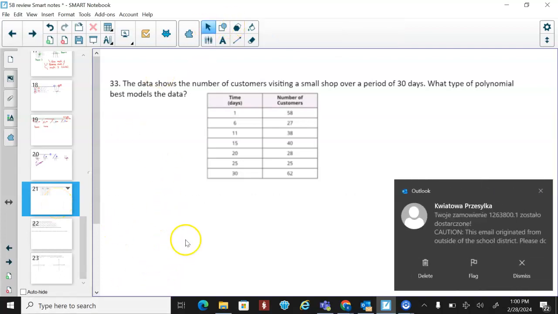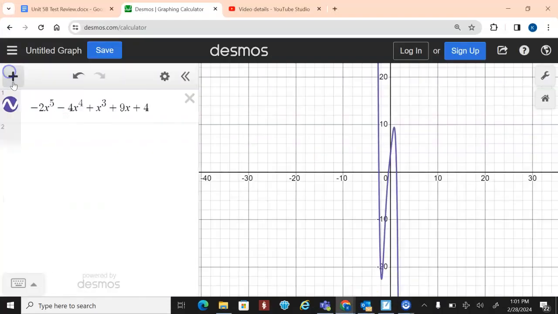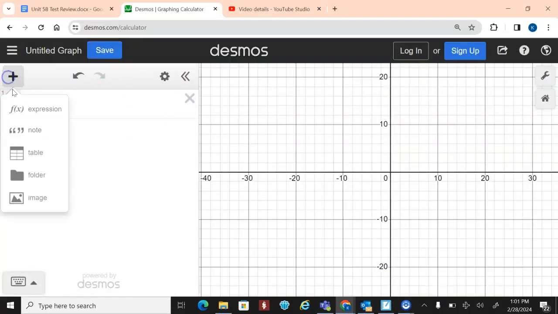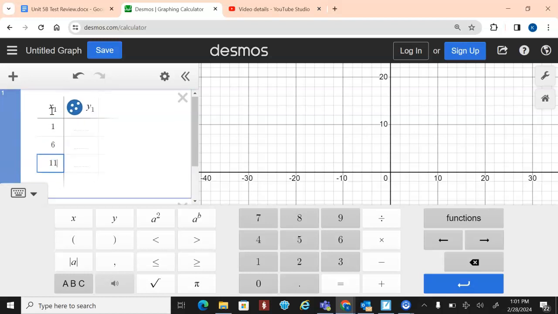All right, now we're going to do a regression. What I want you to concentrate on is simply a quadratic regression. So I'm going to plug it into Desmos. We're going to get our table and plug in those numbers: 1, 6, 11, 15.